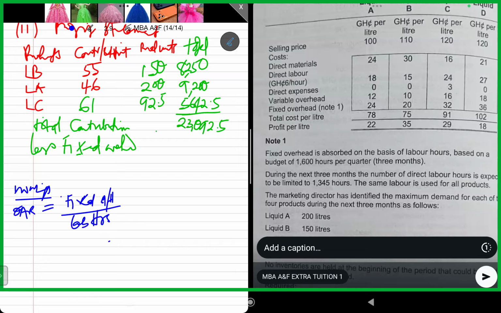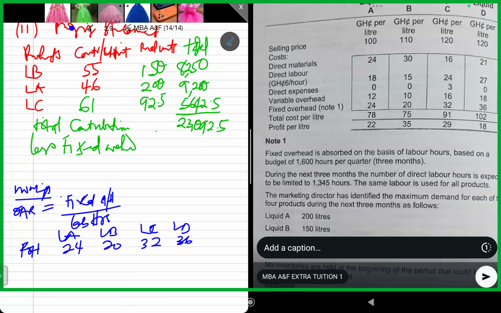Okay, so let's go. We have liquid A, liquid B, liquid C, and liquid D. What is the fixed overhead for liquid A? It's 24, liquid B, 20, liquid C, 32, liquid D, 36.